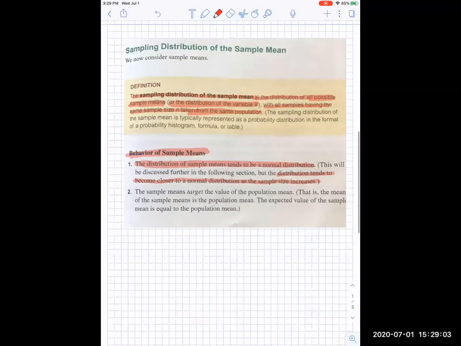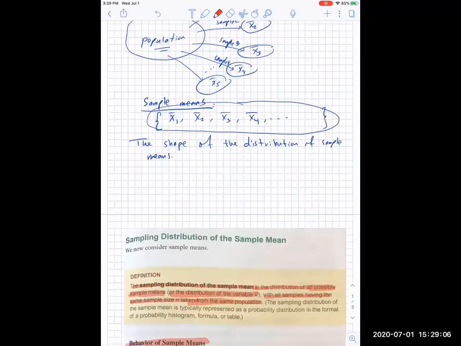So again, going back to this illustration here, we have a set of sample means. We notice that if we look at the dot plot of this set, if you represent the sample means by a dot plot, you will notice that they give us a normal distribution like this.